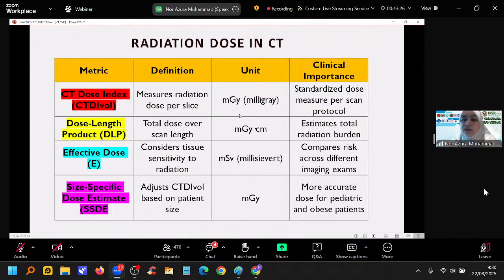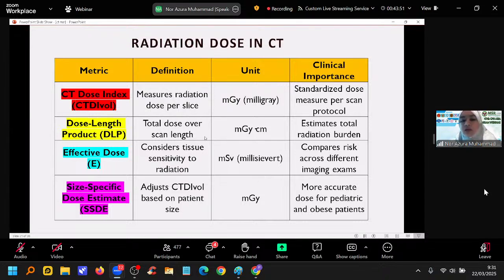So the unit is milligray times cm, because of the long axis of the patient. That one is used to estimate the total radiation burden, and effective dose takes into account tissue sensitivity to radiation. So we measure it in millisievert and compare risk across different imaging exams.